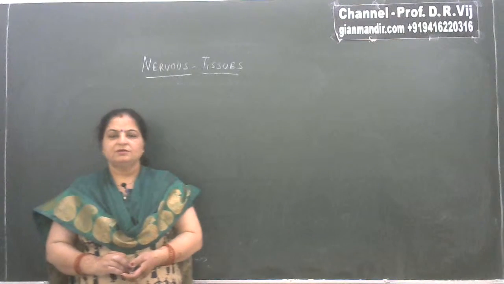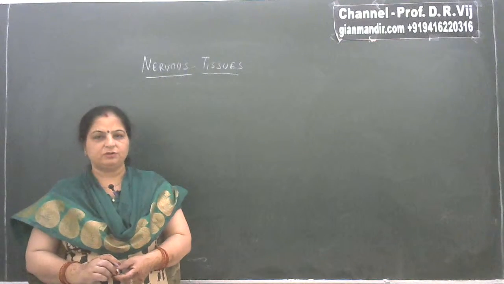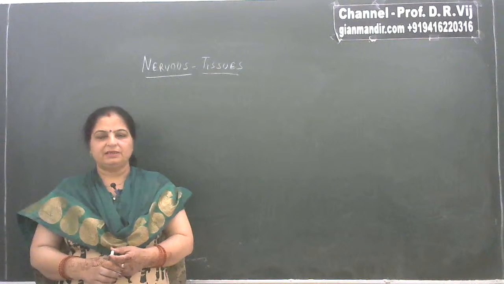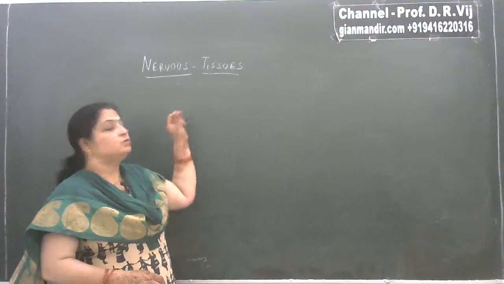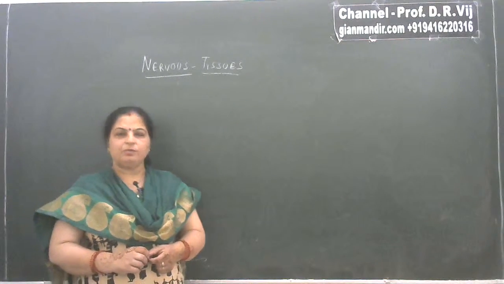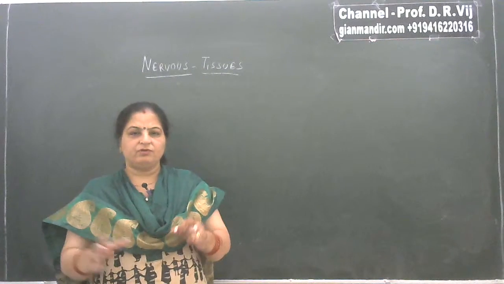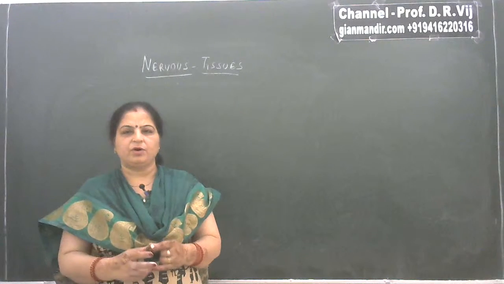Hello dear students. So today in this lecture we will discuss the last type of animal tissues, and these animal tissues are nervous tissues. In the body of any animal, the transfer of information is a very important process.